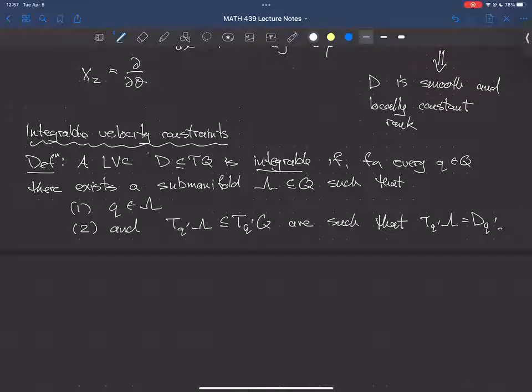Or sorry, the linear velocity constraint. D is also called a distribution, and distribution is a word which is greatly overused, and this has nothing whatsoever to do with distributions that you would have learned about last year.